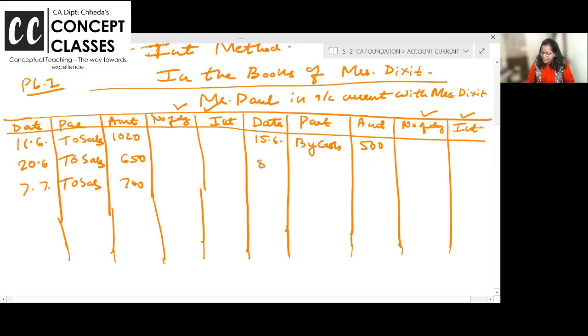And in the meanwhile, on 8th August, Paul has sent cash, 1100. That's all. Make the ledger first. First prepare the column, second prepare the ledger.